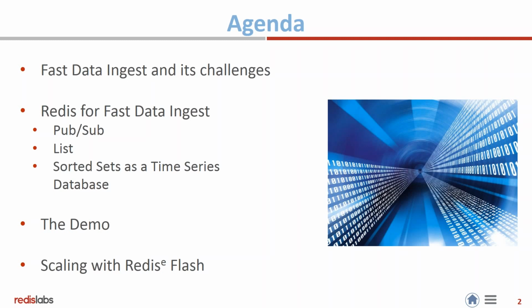But the most interesting part of my presentation will be the demo. I'll show you how to use pub/sub, lists, and sorted sets in your programs, and also go through some of the use cases. I'll show you an example of how to stream data, how to get data, and use data for fast data ingest in these three scenarios.